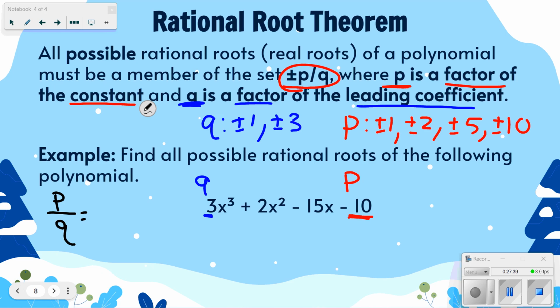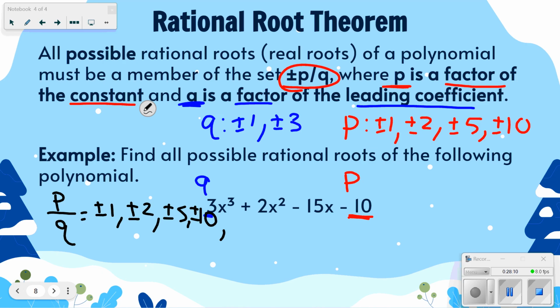So we're going to take our P values and divide them first by our Q value of 1. Well, what do I know? Anything divided by 1 will just give us back itself. So my first list is just going to end up being those same values of P, plus or minus 1, plus or minus 2, 5, and 10. Because all of those divided by 1 gave us back itself.